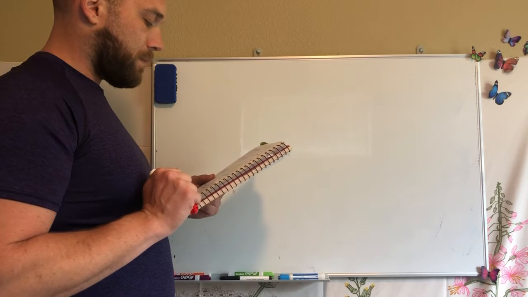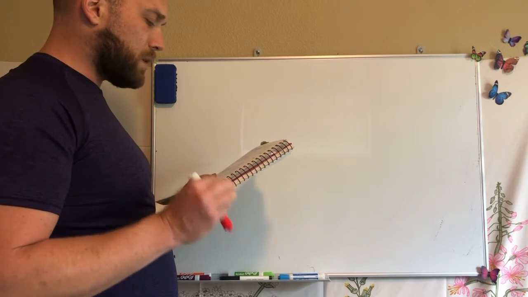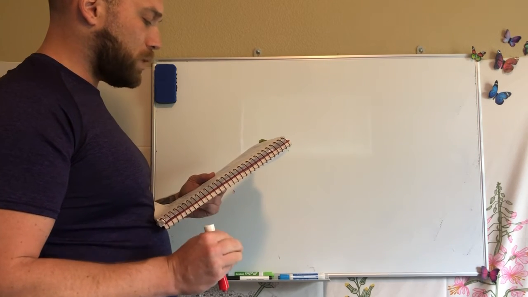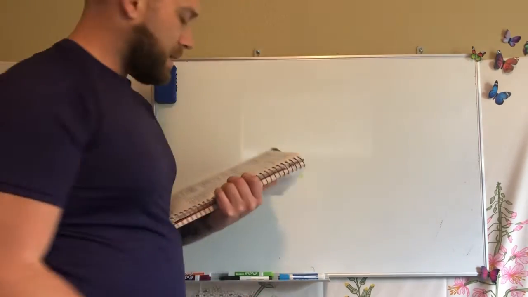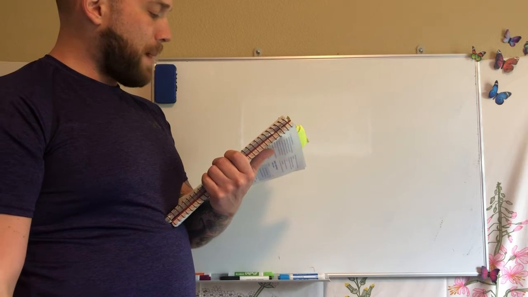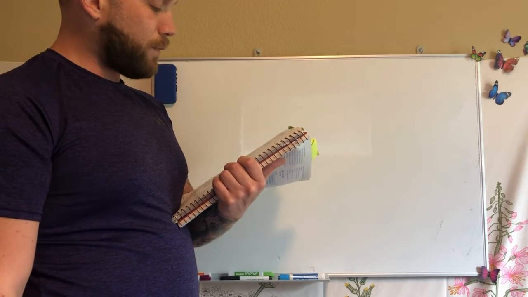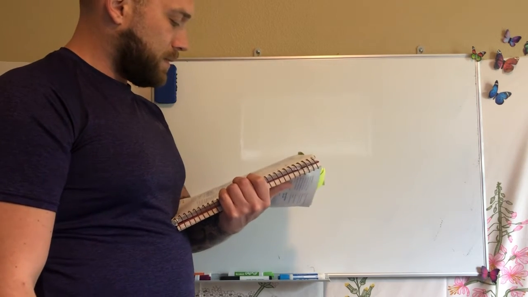Problem A, how many servings of 3/4 pound each would somebody get from 6 pounds of salad? I'll read that again. How many servings of 3/4 pound each would somebody get from 6 pounds of salad?